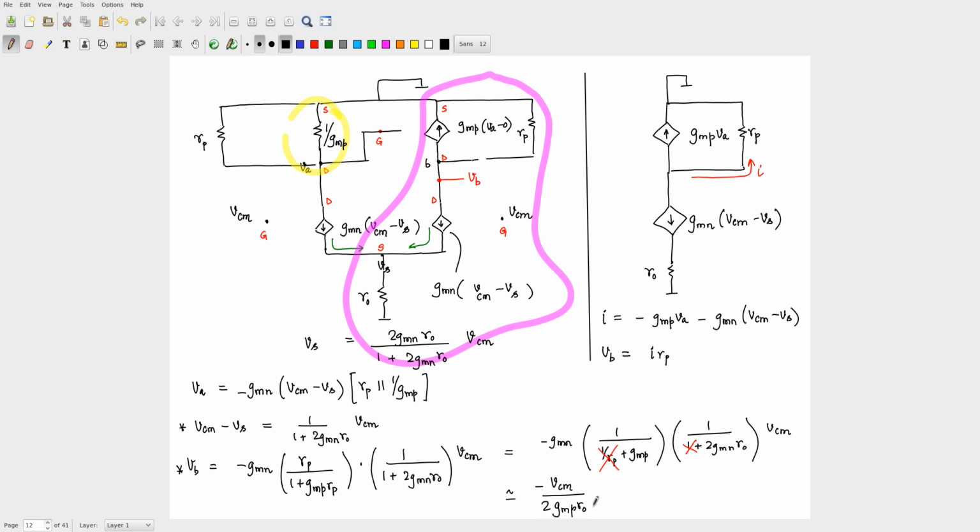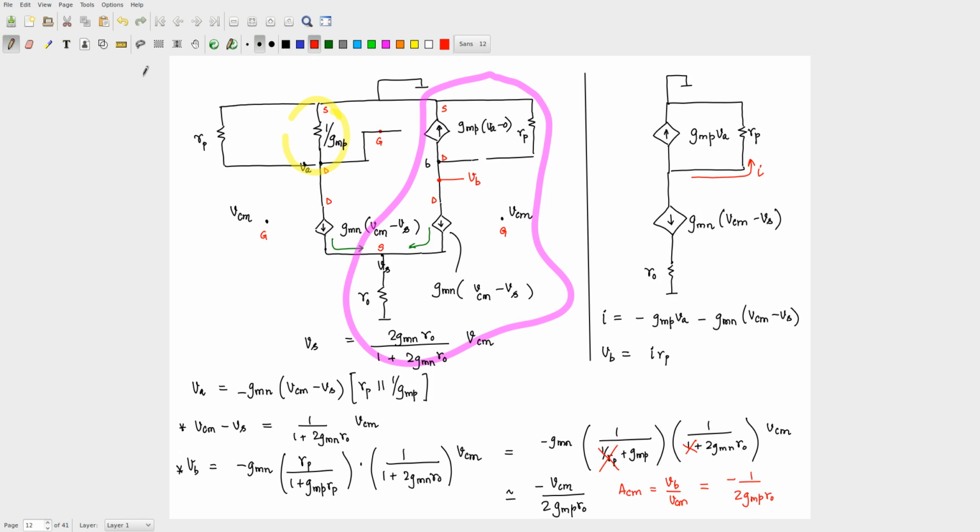Right? Alright. So what is the common mode gain then? So I can get my common mode gain Acm as Vb divided by Vcm is equal to minus 1 by 2 Gmp R0.